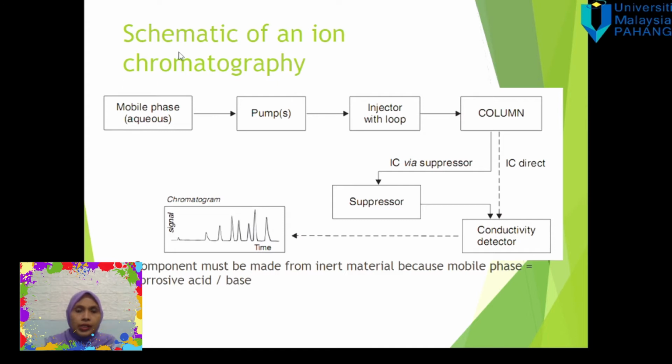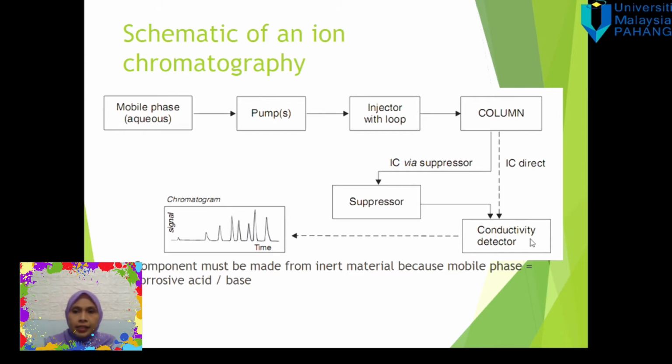Now we go through the schematic diagram of the ion chromatography. It looks the same: first is the mobile phase, and this mobile phase will be pumped by the pump system, and we have to inject our sample. Both our mobile phase and our sample will pass through the column, and after passing through the column, they will have different retention times and will be detected by the detector.